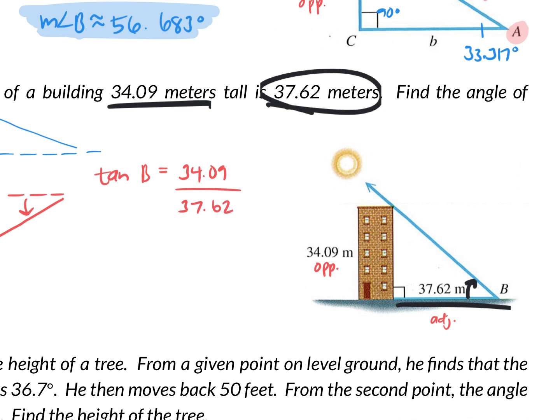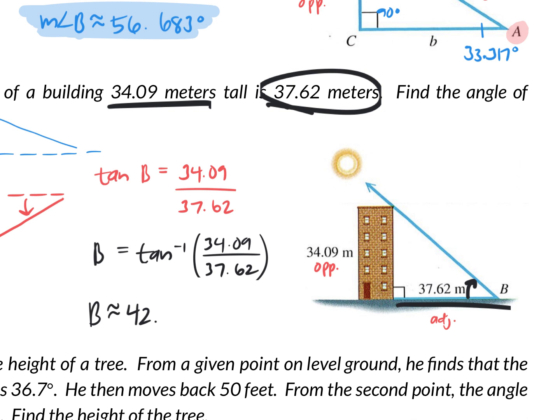And again, if I want to get rid of this tangent, I need to take the inverse of both sides. So B is actually going to equal the inverse tangent of 34.09 divided by 37.62, which approximately will give you on your calculator, double check, should be 42.182 approximately.